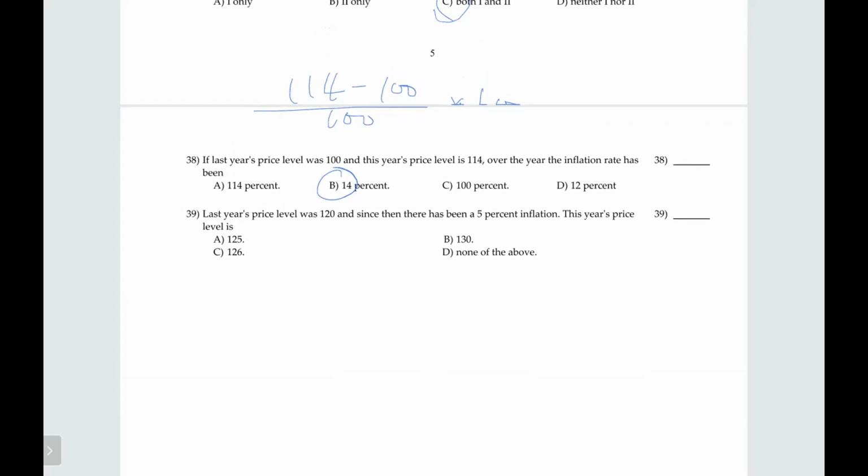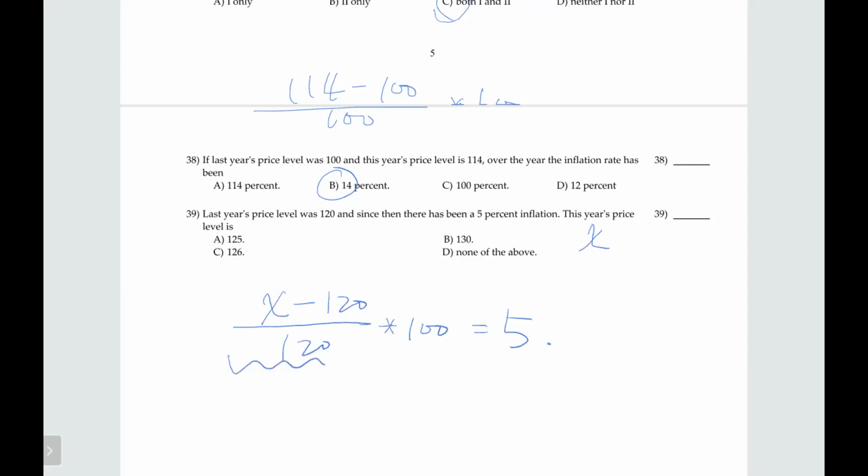39. Last year's price level was 120, and since then there has been 5% inflation. So this year, the price level is... we can use a similar formula to find out. Let's use X to denote this year's price level. Based on the information, we have (X minus 120) divided by 120, times 100, and this must equal 5, right?